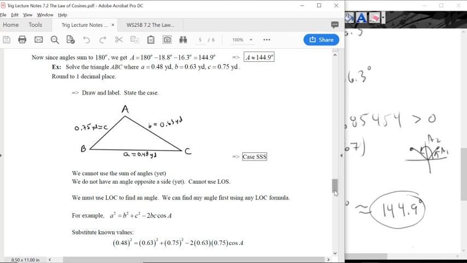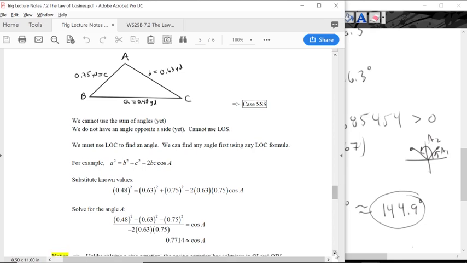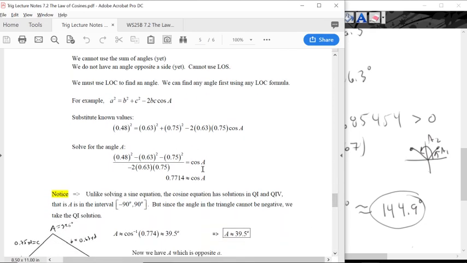If you were to start rounding to one decimal place here, for instance, if you were to square 0.48 and round that to one decimal place, and then square 0.63 and round that to one decimal place, etc., there's a good chance that you're not going to get the correct answer that's most accurate in the end, because you'll be dealing with some kind of accuracy error. Okay, I've mentioned that before. So save the rounding until the very end of the entire process in order to get the most accurate results.